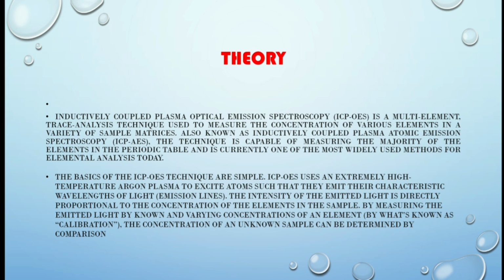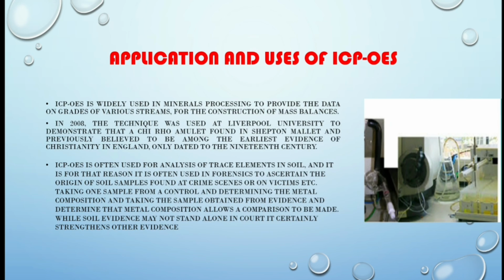By measuring the light emitted by known and varying concentrations of an element, by what's known as a calibration, the concentration of an unknown sample can be determined by comparison. So in this portion, we talked about a slightly expanded version of ICPOES.